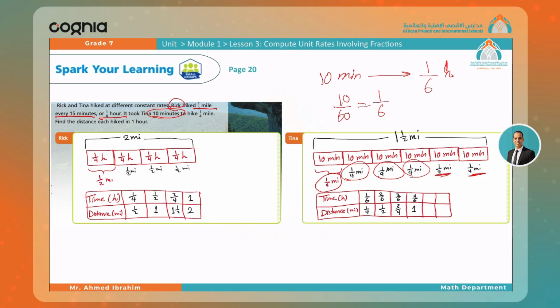So after 4/6 of an hour, that will be 1 mile. What about 5/6? After 5/6 hour, that will be 1 1/4. And 6/6, which is actually a whole one, that will be 1 1/2. So we increase a quarter to the 1 1/4, so it will be 1 2/4 or 1 1/2. So after 1 hour, it's 1 1/2 miles.